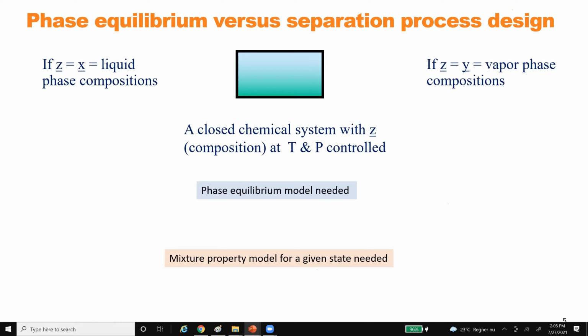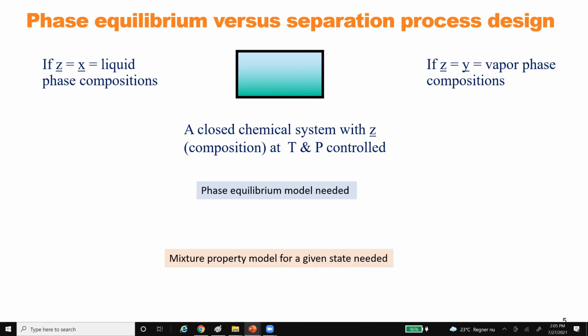And we have a liquid of some composition and a vapor of some composition. If the original charged composition, that was Z, is equal to X, then we have only liquid. If the original charged composition Z is equal to Y, then it's all vapor. If it is neither of these, then we have a mixture of liquid and vapor.